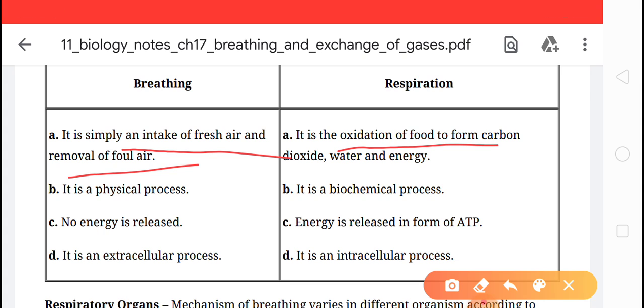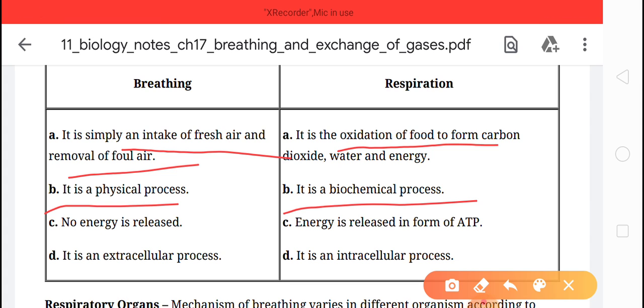Second, breathing is a physical or physiological process, while respiration is a biochemical process, because the reaction takes place: the glucose molecule, C6H12O6, will break down in the presence of oxygen and release CO2, H2O, and energy. So that is a chemical reaction that will occur. That's why we can say that respiration is a biochemical process.